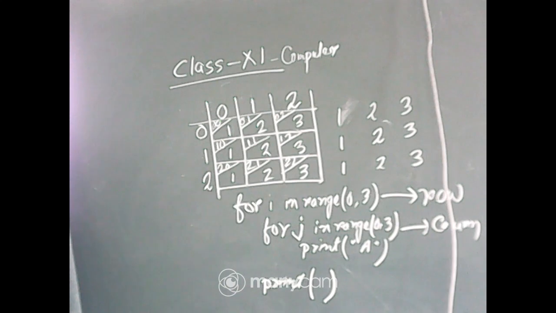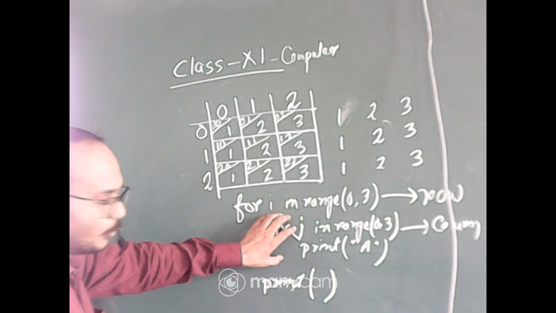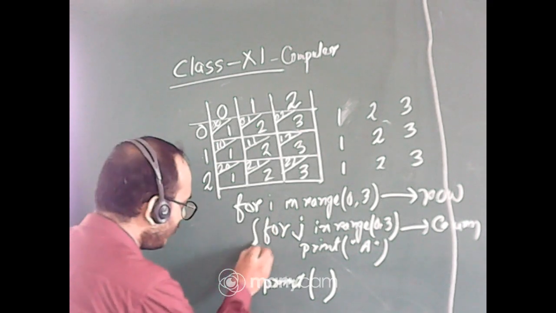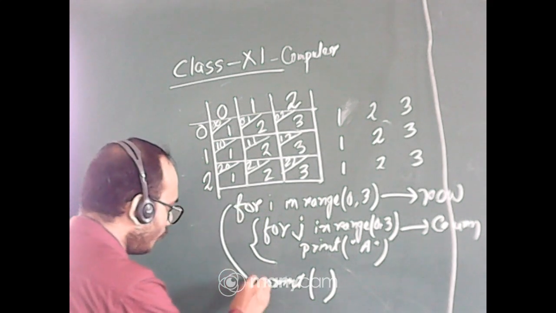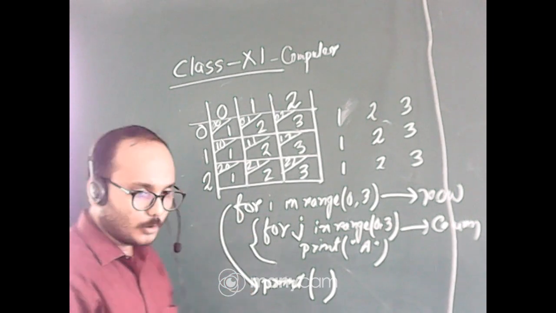Just write down print here. This print is outside of that loop. This loop is called the inner loop, and this loop is called the outer loop.